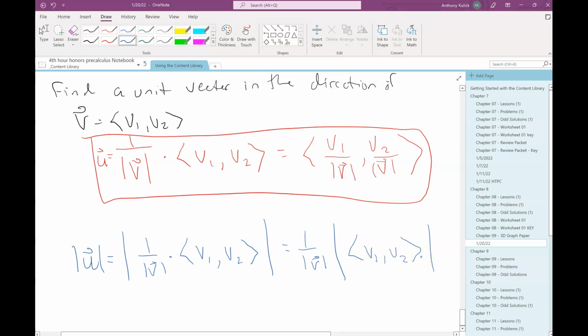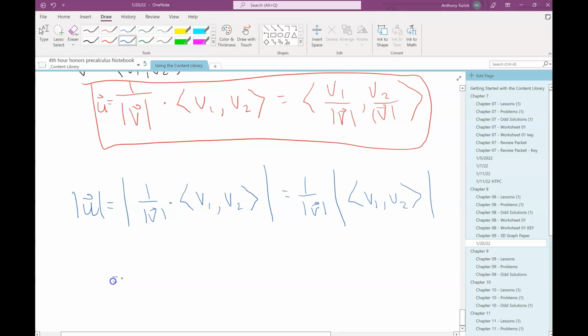That's just 1 over the magnitude of v, which is just a scalar, so I can pull that out. And the magnitude of v is just the magnitude of v, which is just 1. Oh, okay. Yeah, no duh, Mr. Kulik.